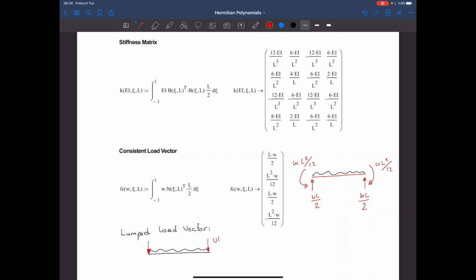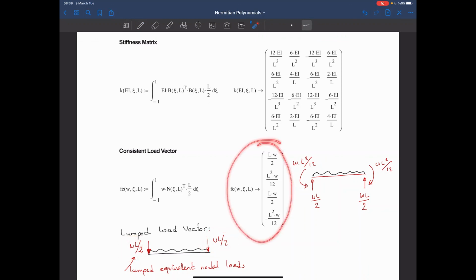You say that that's WL over 2 and that's WL over 2. So these are the lumped equivalent nodal loads. You just apply them to the structure. Here in that case, we calculate the fixed end forces, reverse their directions and apply them to the structure as equivalent loads.